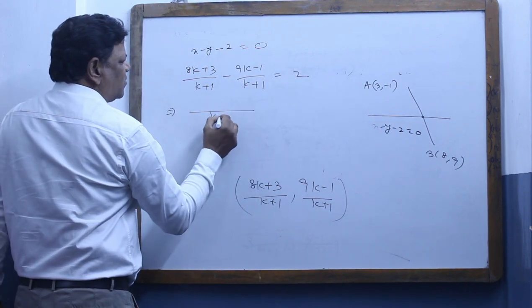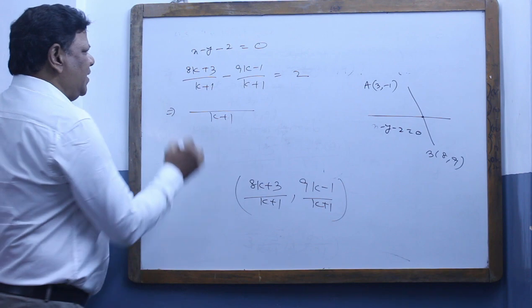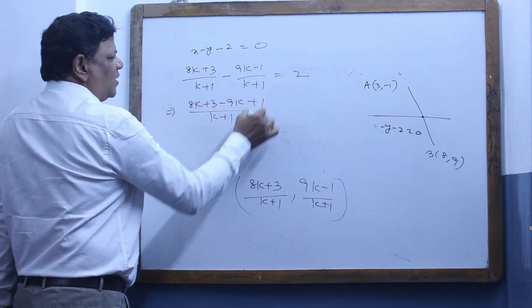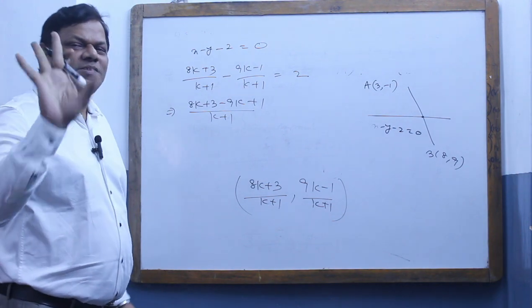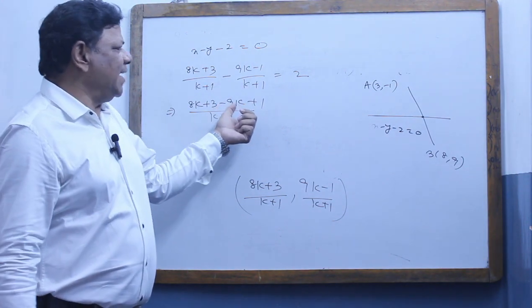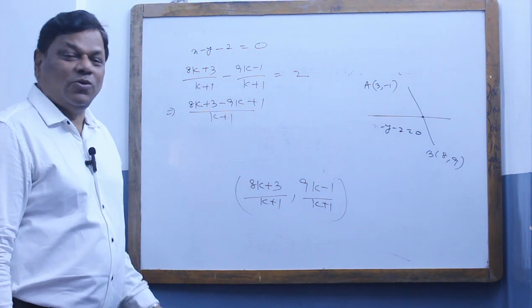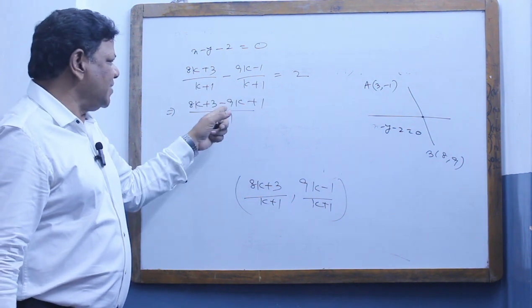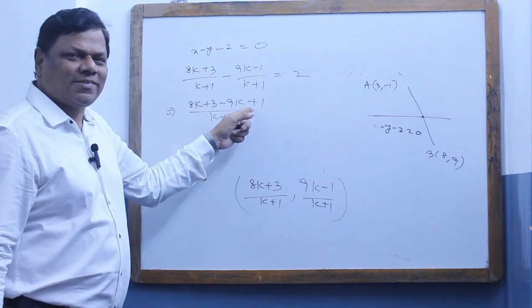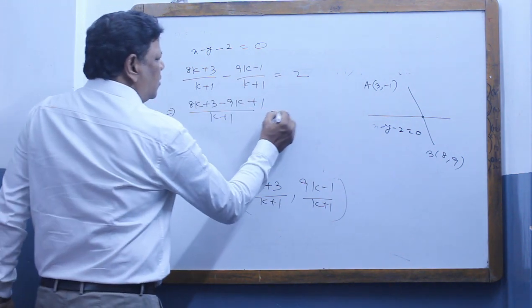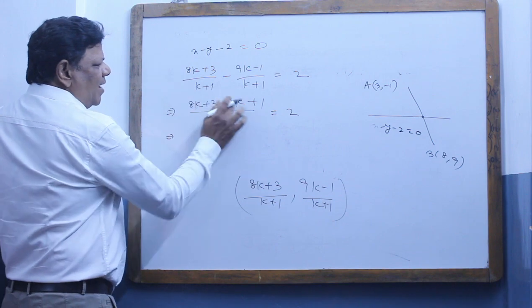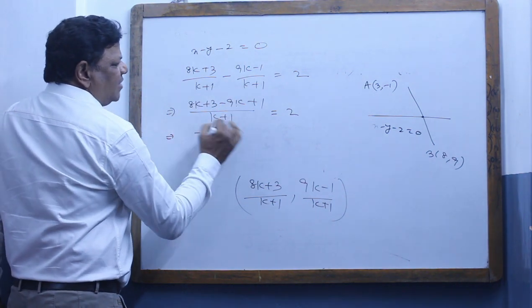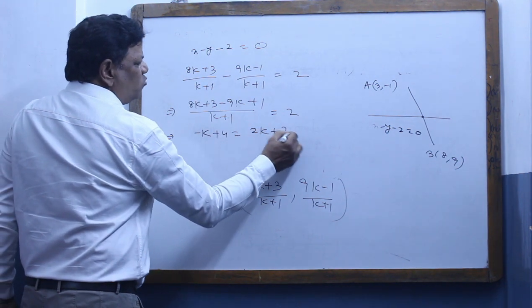Now take LCM k plus 1. What is coming here? 8k plus 3 minus (9k minus 1). Many students will make a mistake over here. They write minus, then write 9k minus 1. No, because minus is there, the sign will change, that you remember. So minus 9k, and minus minus becomes plus 1. Now equal to 2 is given. We have to solve this. 8k minus 9k is minus k, 3 plus 1 is 4, and cross multiply, 2k plus 2 is coming.